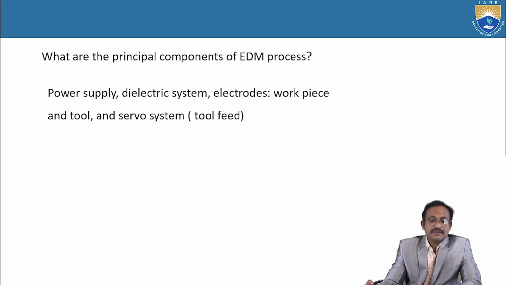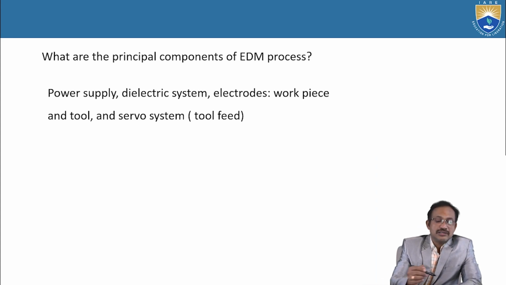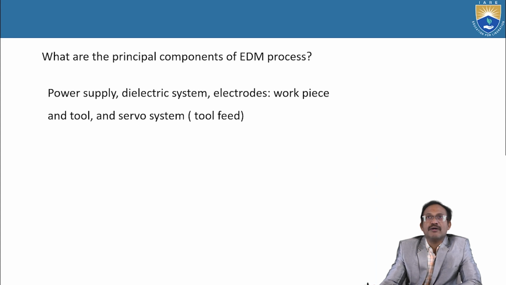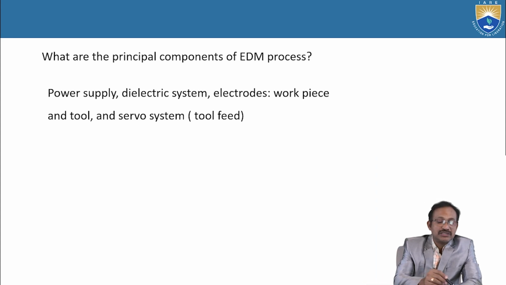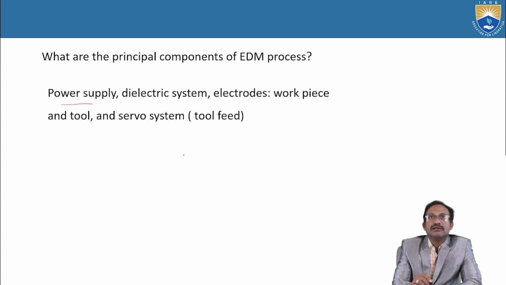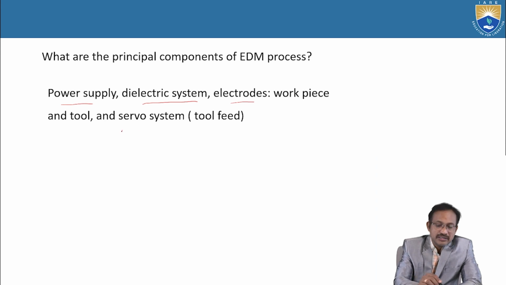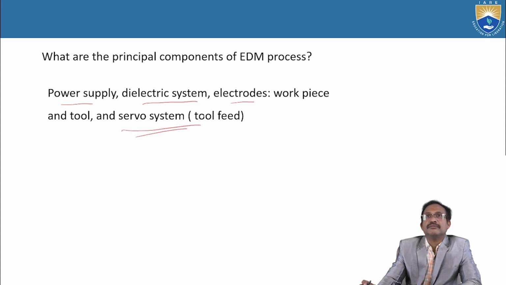What are the principal components of the EDM process? The following are the principal components of the electrode discharge machining process: power supply, dielectric system, electrodes, as usual workpiece and tool, and the servo system for the tool feed.